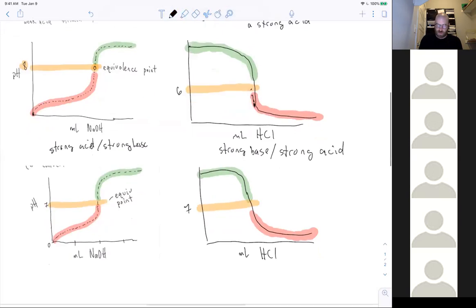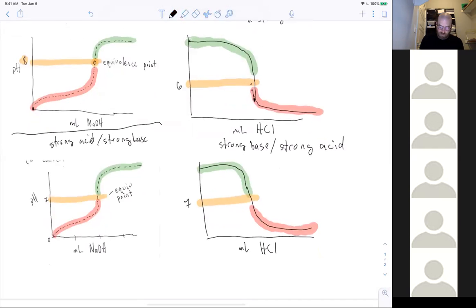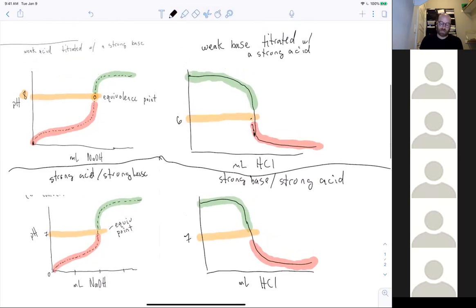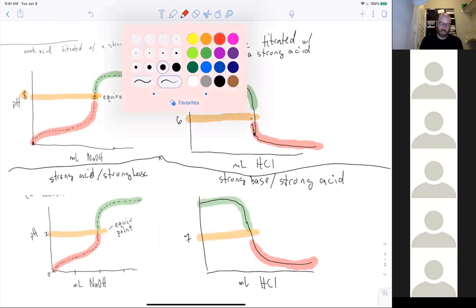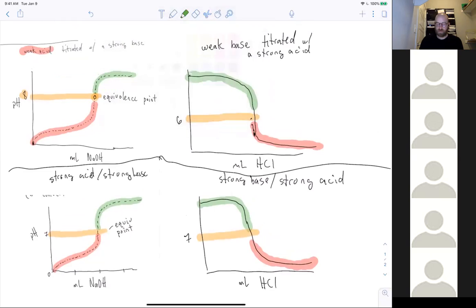So these titration curves at the bottom, we're dealing with strong and strong. The equivalence point is always 7. When you're dealing with these other situations where you have a weak acid, or a weak base, your equivalence point comes out to not be 7.